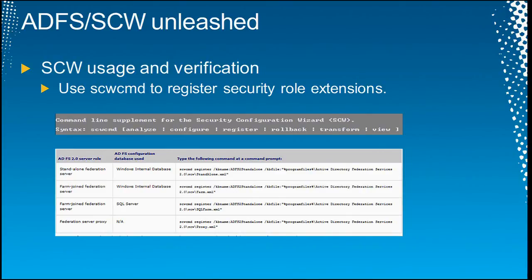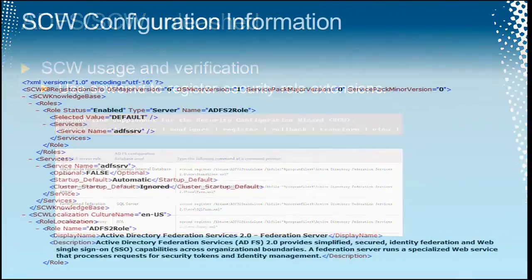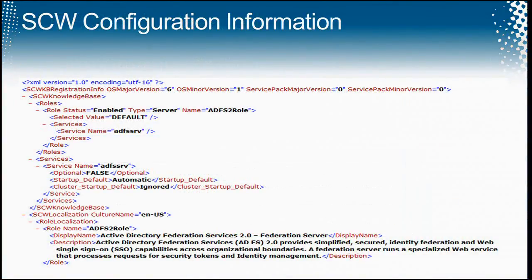There's also an option for the Federation server proxy in order to secure that default configuration. And this is an example of what the actual config information within SCW looks like, in terms of what it's going to do to the services and how it's going to configure those services by default.